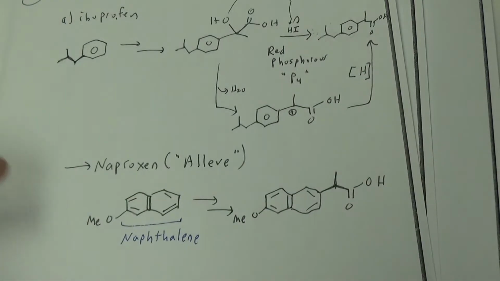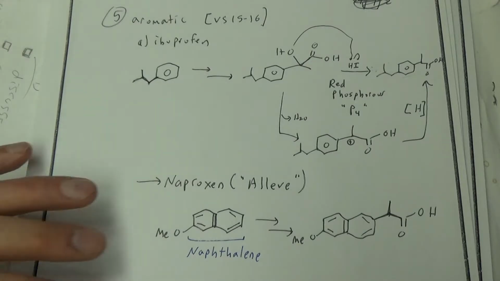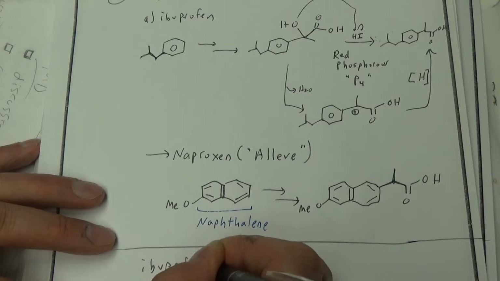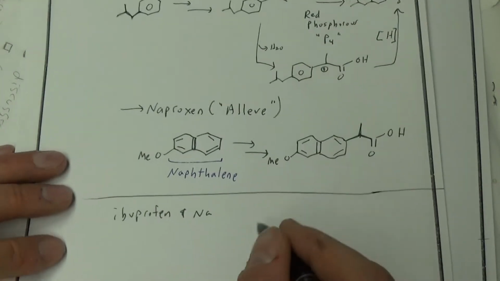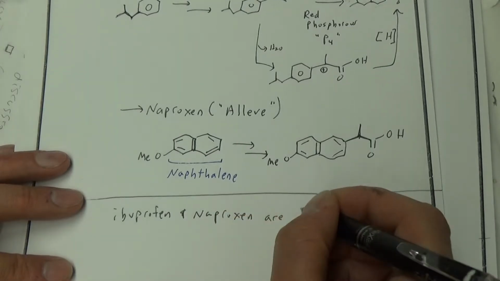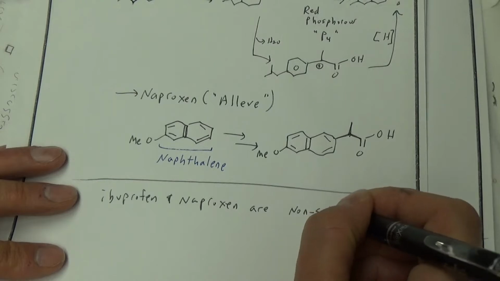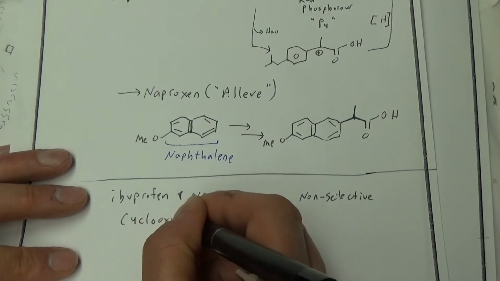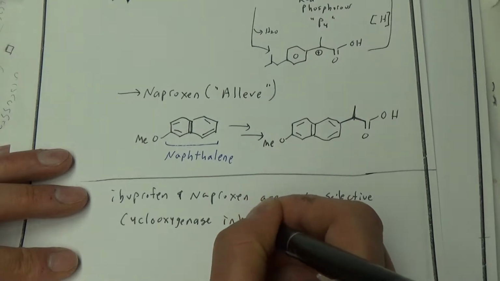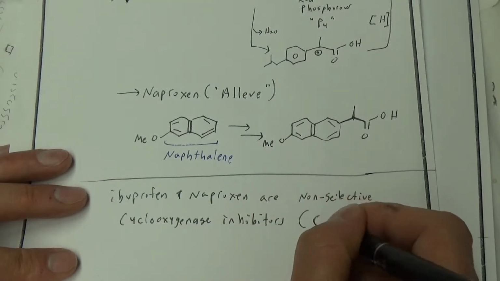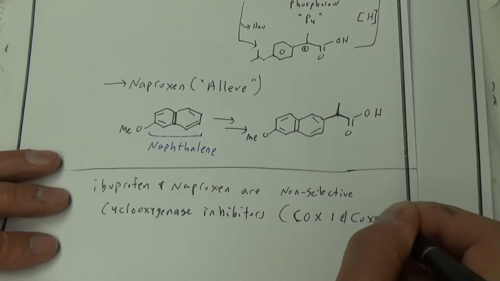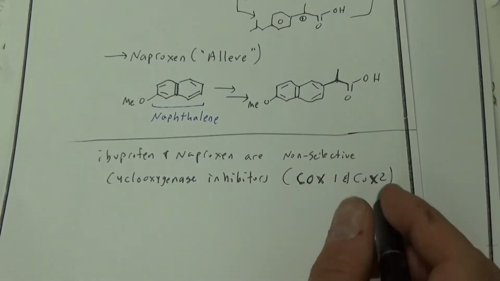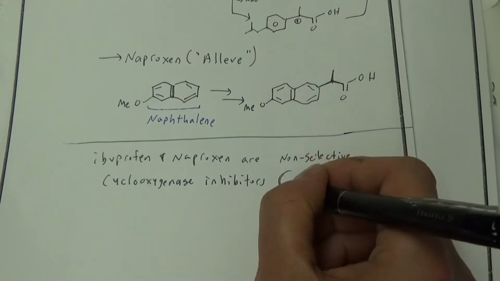Okay, cool. And real quickly though, both ibuprofen and naproxen are in this category of non-selective cyclooxygenase inhibitors, COX-1 and COX-2, compared to those fancier selective COX-2 inhibitors that sometimes have cardiovascular problems.